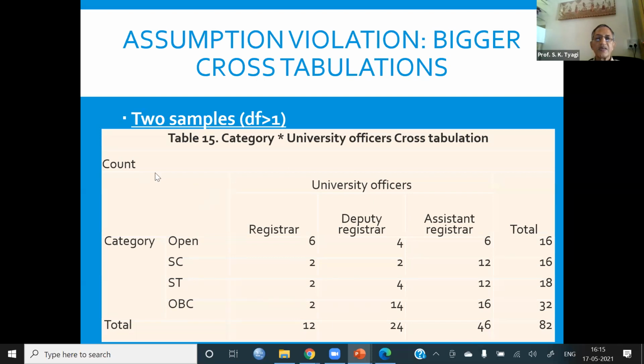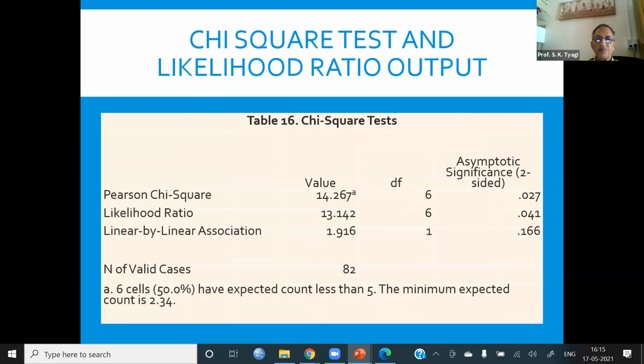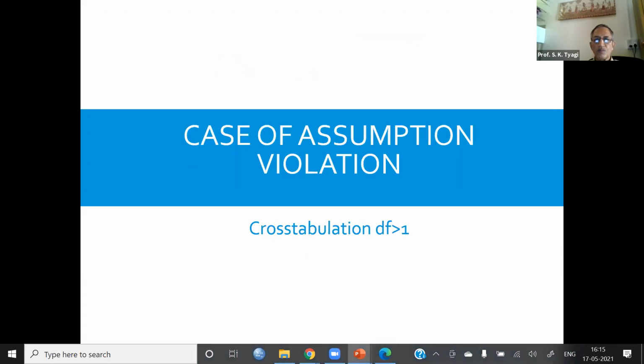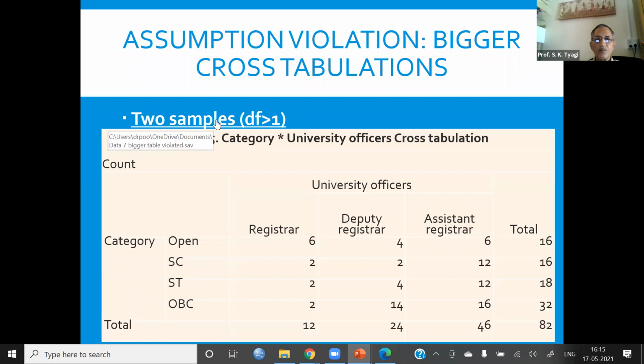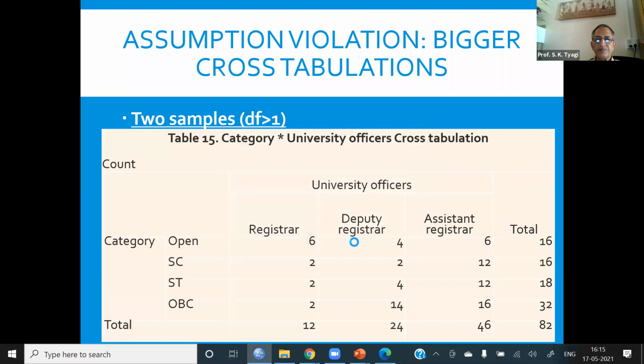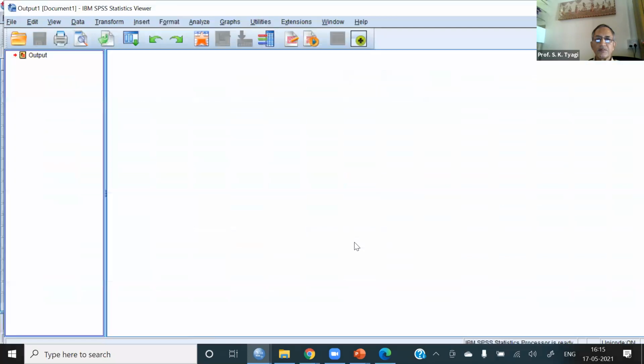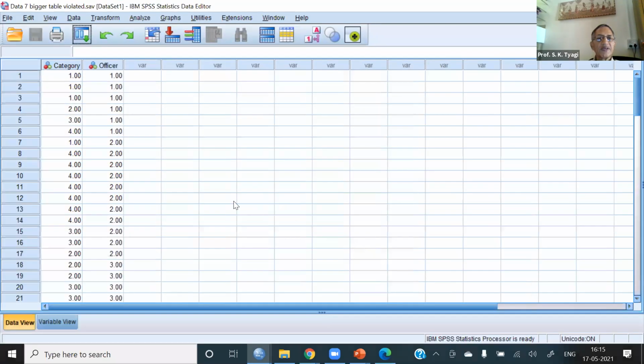Now let us see. This data has been entered in this file, in a traditional manner. Category, officer.